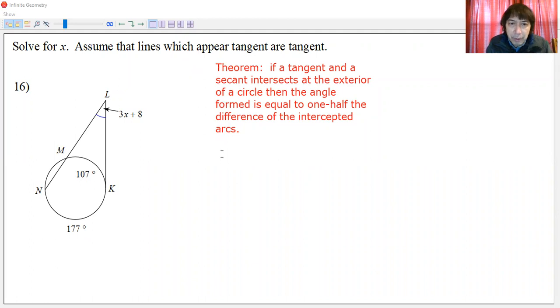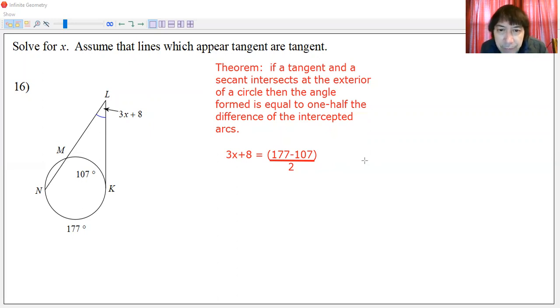The angle formed, 3x plus 8, must be equal to 1/2 the difference of the arcs. 177 minus 107, divided by 2, is equivalent to the angle formed at the exterior by the tangent and the secant. Solve for x only.